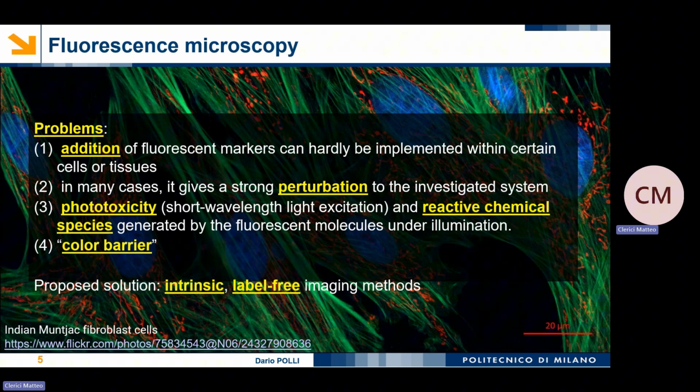You can generate maybe reactive chemical species like reactive singlet oxygen states, which might oxidize or perturb your system. And then you have also the color barrier that I will show you in a minute. And so the solution is to have a different contrast mechanism using some endogenous contrast mechanisms, intrinsic and label-free.